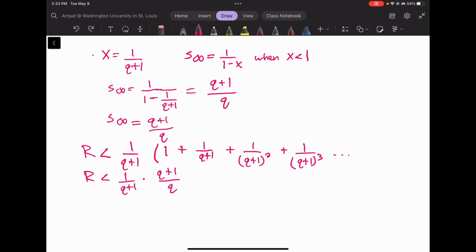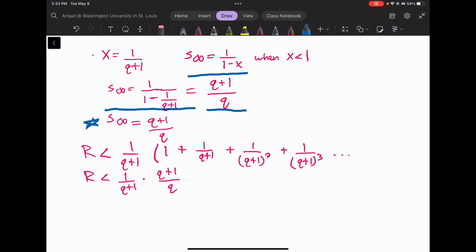So what we're going to do is plug this x, 1 over q plus 1, into x in this equation. So we're going to get s of infinity equals 1 over 1 minus 1 over q plus 1. And then basic arithmetic will give us q plus 1 over q. So s of infinity is equal to q plus 1 over q.